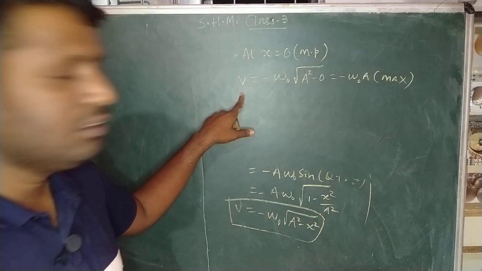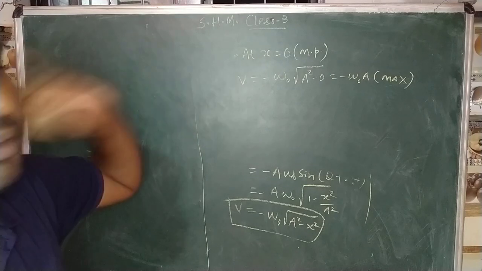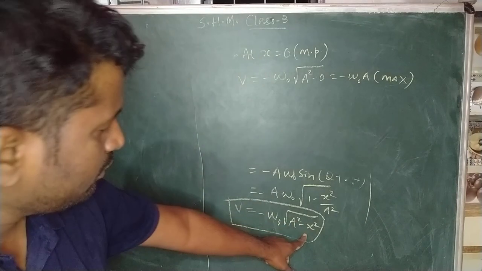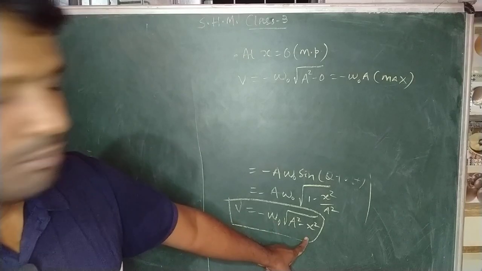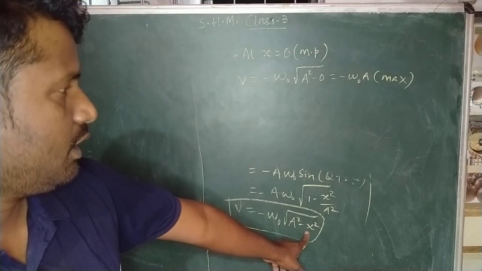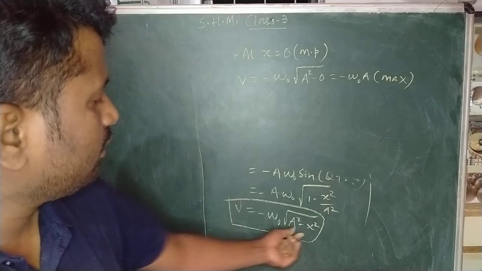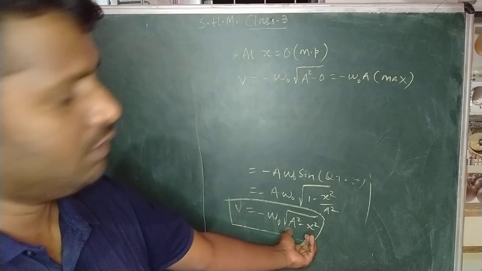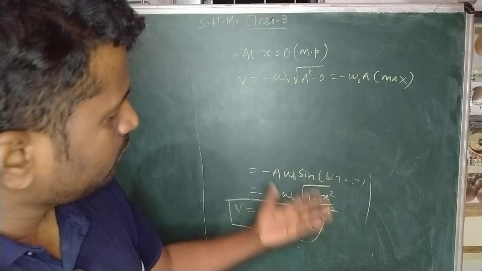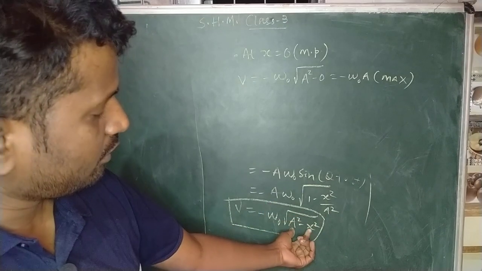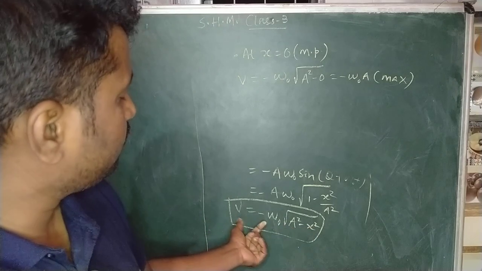So velocity will be maximum at the mean position. Very clear here: A is constant, omega naught is constant, and V ultimately depends on x. When the value of x decreases, this term increases, so V will be more. If the value of x increases, this one you are subtracting, so it will decrease and the velocity will decrease.